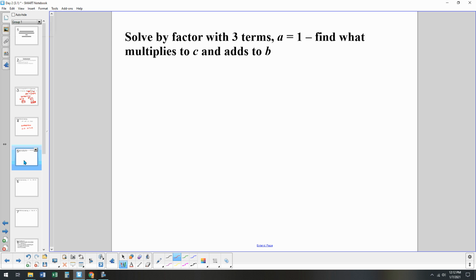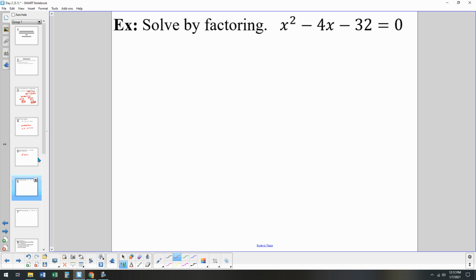We can also solve when there are 3 terms, and we have done this many times now, factoring where a is a positive 1. So that's where we're finding what multiplies to c and adds to b if I had x squared plus bx plus c. So here we have x squared minus 4x minus 32 equals 0. So again, equals 0, that's what we want.